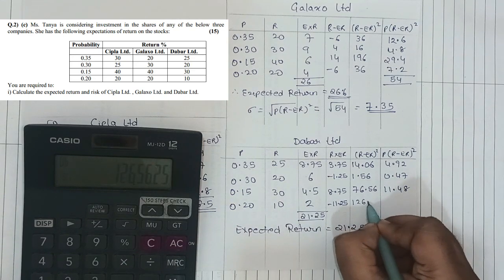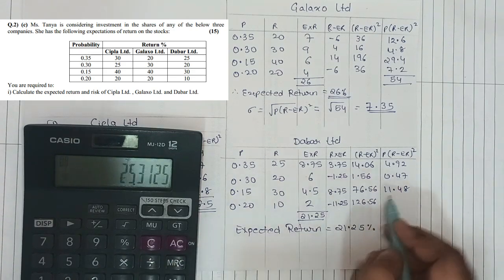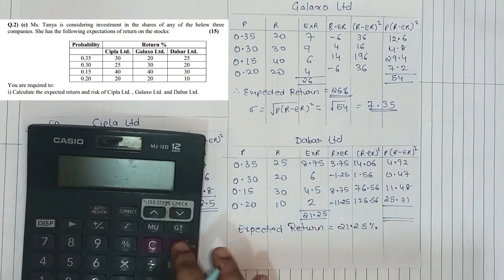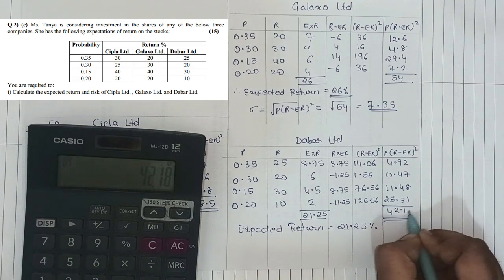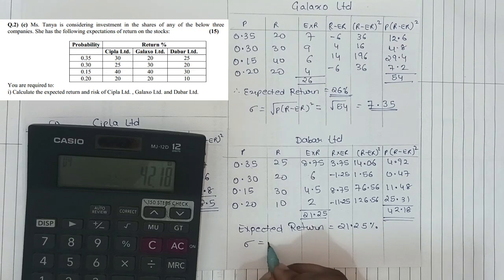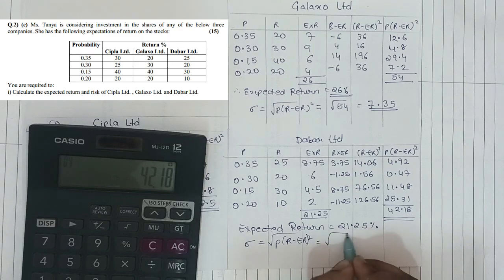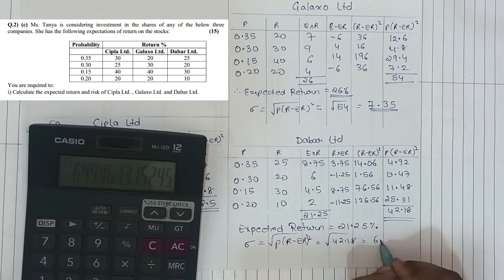The square is 126.56 into 0.2, 25.31. So standard deviation is the root of P into R minus ER the whole square, which is root of 42.18, which is 6.5.